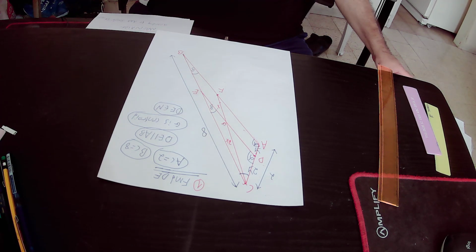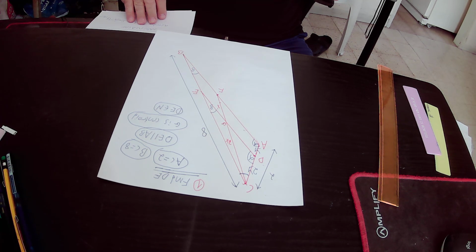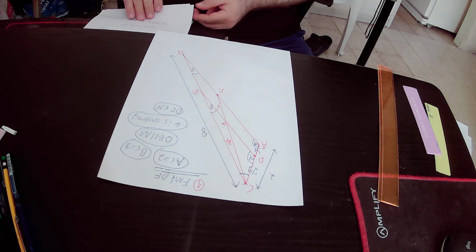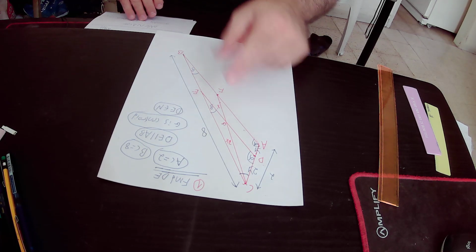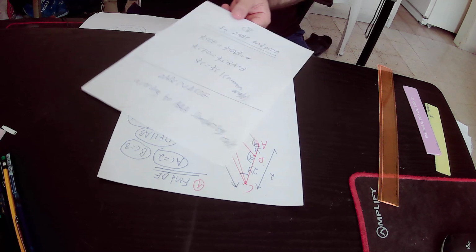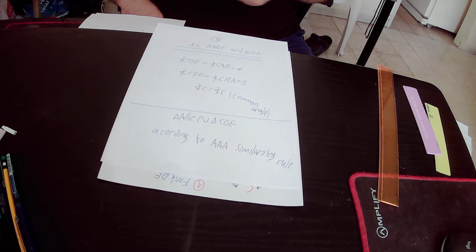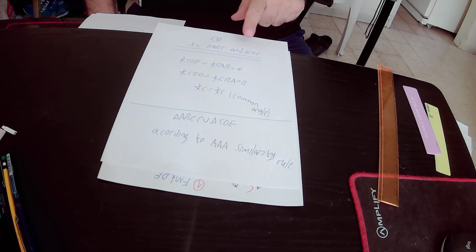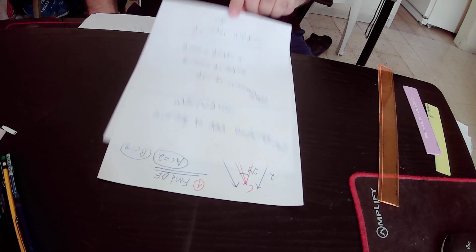In the next step we focus on the big triangle ABC and the small triangle CDE. On those two triangles we know that angle CDE is equal to angle CAB, and both angles are equal to alpha.